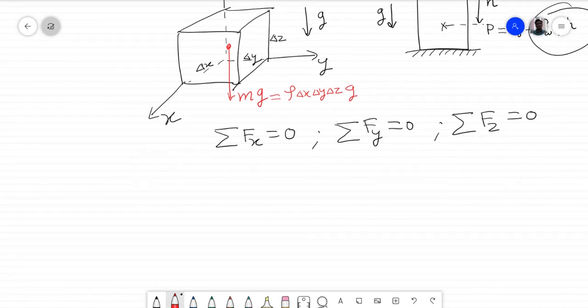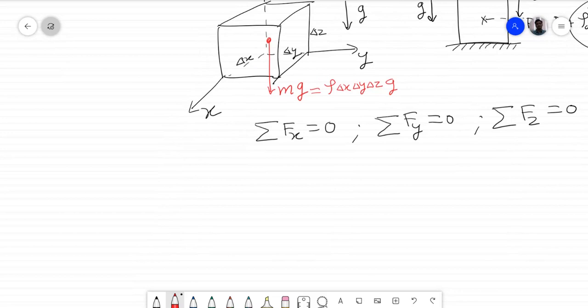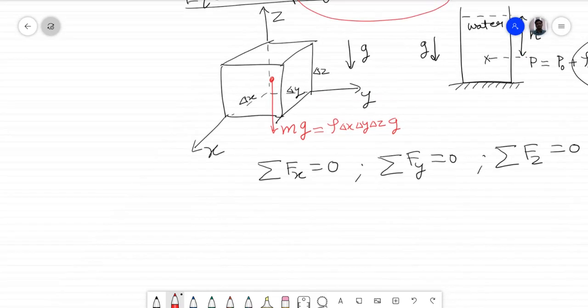So let's write this sigma fx equal to 0 in terms of pressure forces. Let's say the pressures acting on the left face: there is some pressure P at y equal to 0, and here some pressure is acting P at y equal to delta y. For x direction we need to consider forces in this direction.